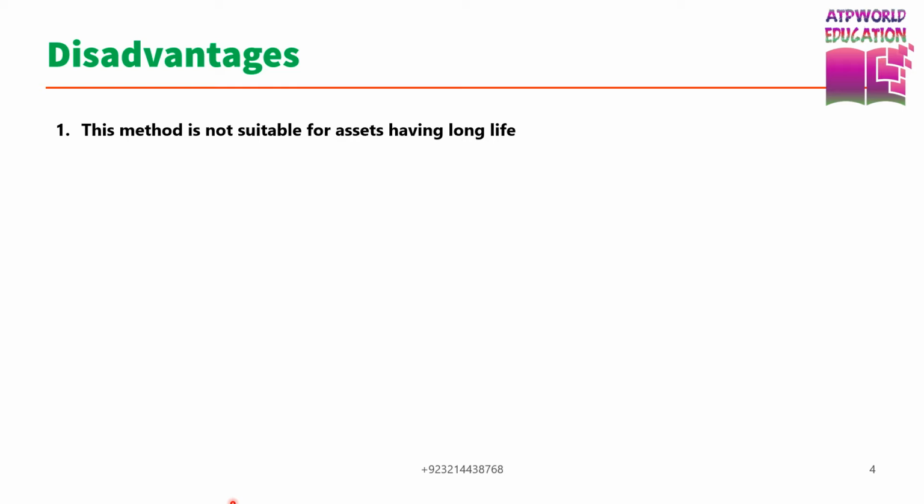But SLM will reduce the cost of asset every year with the same amount. Again, I am repeating: long life assets reduce their major cost in early years of their life, and for the rest of life there is very low or zero decrease in the value of these assets. So SLM is not suitable for these assets.